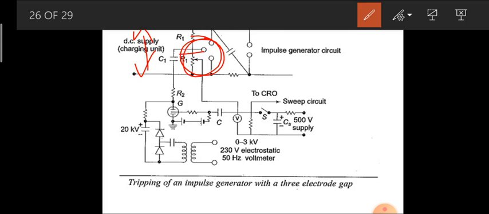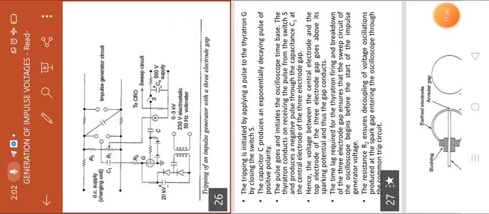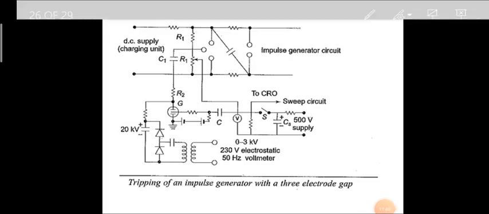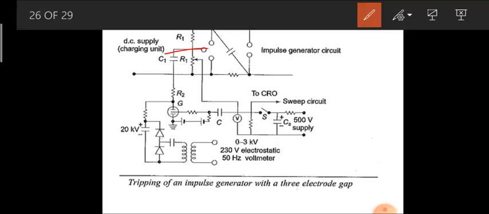This is your central electrode. The central electrode is maintained at a potential between that of the top and the bottom electrodes with the help of resistors R1.